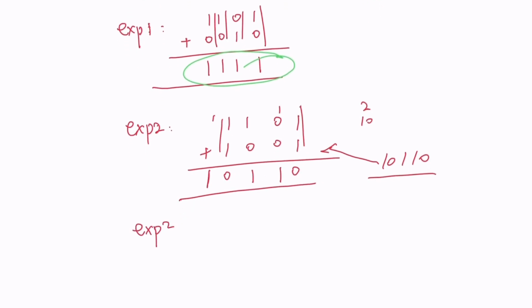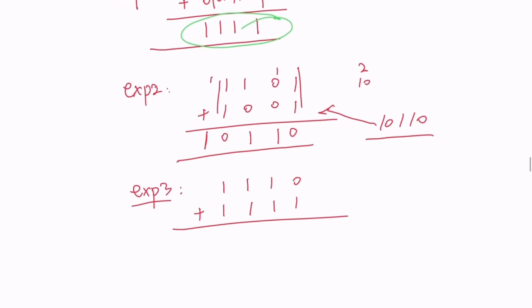Let's look at another example, example 3. We have 1, 1, 1, 0 plus 1, 1, 1, 1. That will give us 0 plus 1 is 1. 1 plus 1 is 2. So we write down 0, get 1 carry.